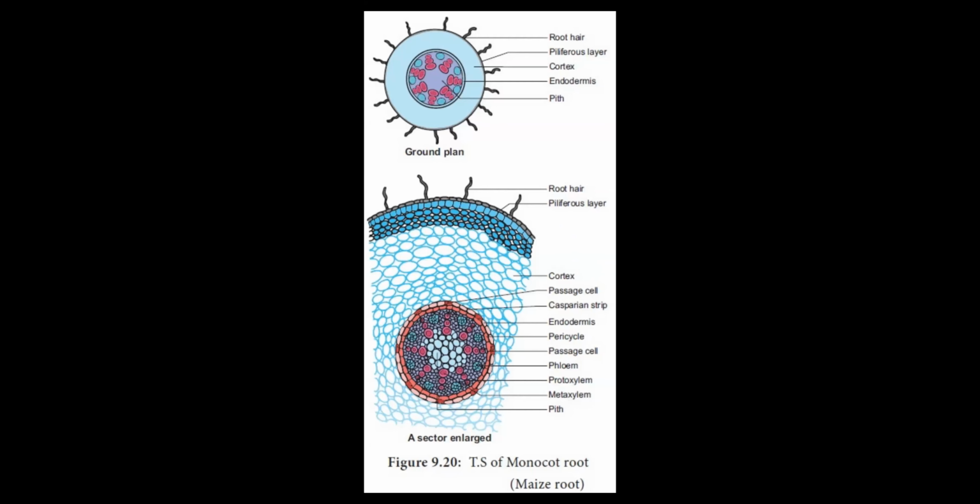Radial. Another example, monocot root. Vascular bundles, which category? These are vascular bundles. Again, which one? Radial.